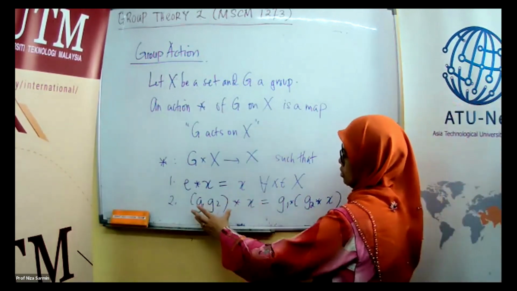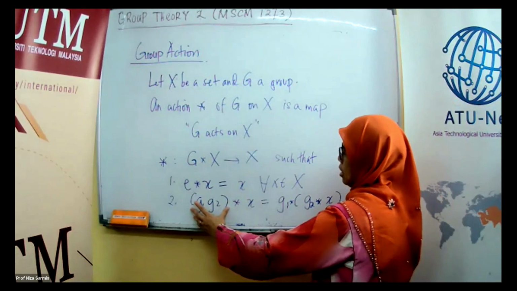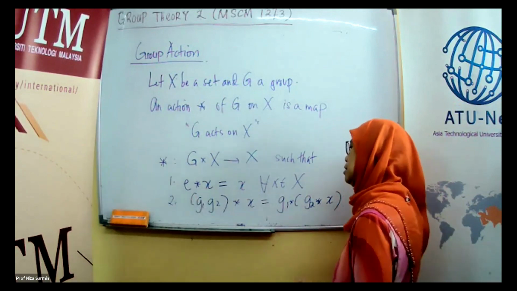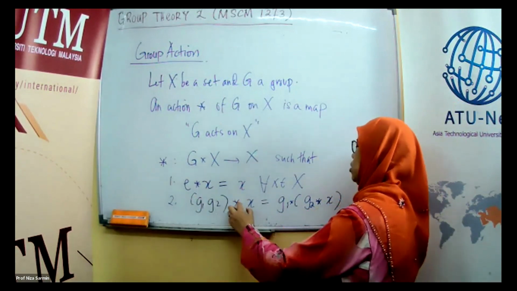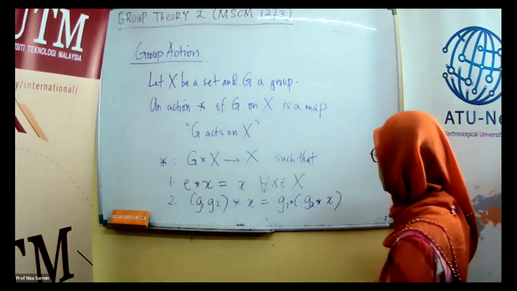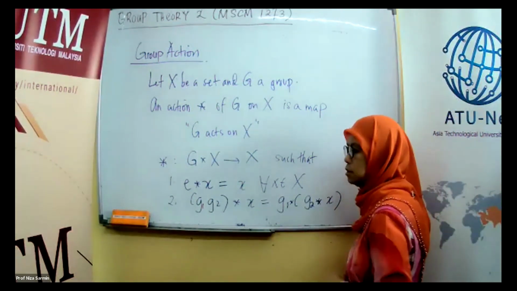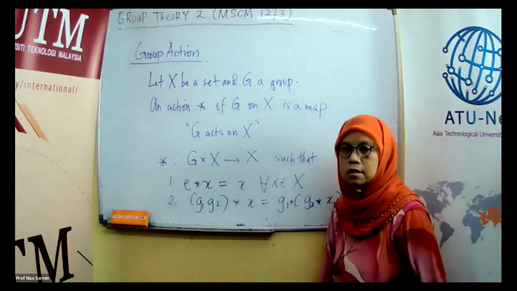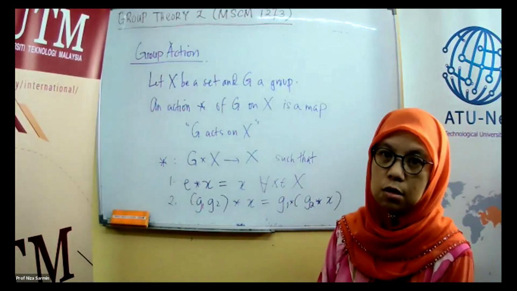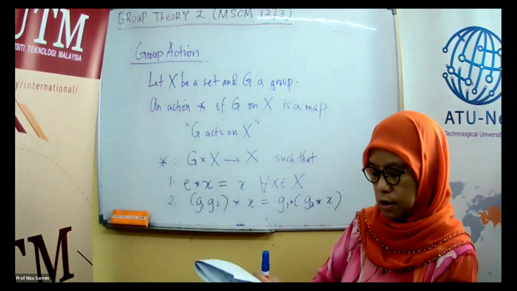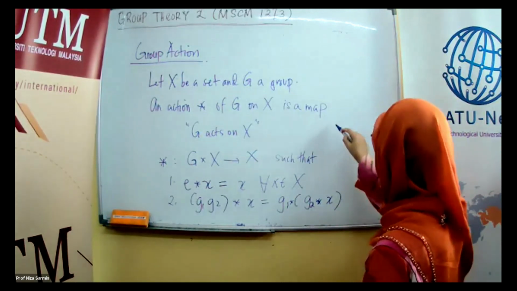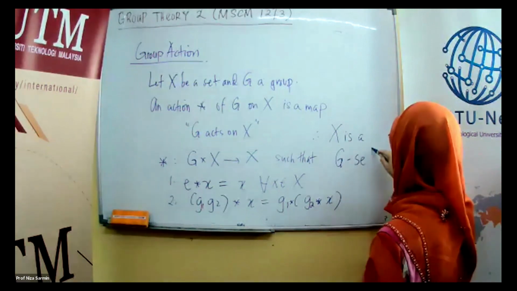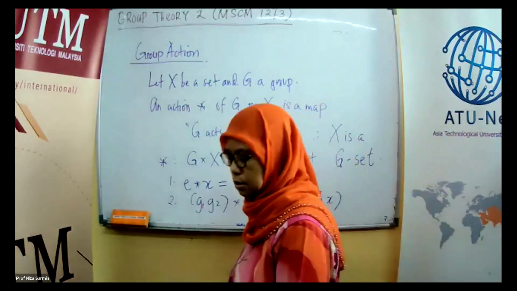First, this means you take the multiplication of the elements g1, g2 in G, you get one element, call it g, you act on x. This one, you take g2 first, act on x first, you get something in X. Then you take that and act g1 on that. They are equal. They're supposed to be. Okay, and we call this X a G set. Okay.